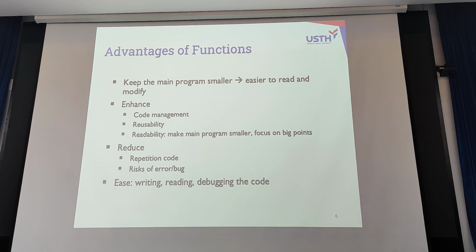So if you compute factorial 2, 1 multiplied by 2, and then repeat the computation for 3, it's repetition. So it's better that we use the factorial 2 for the factorial 3, etc. It takes time for you to feel the advantage of functions.